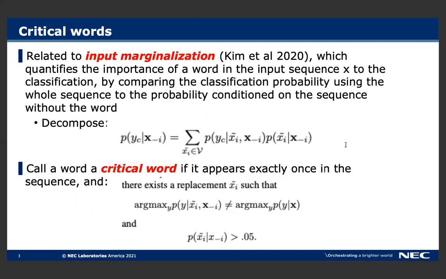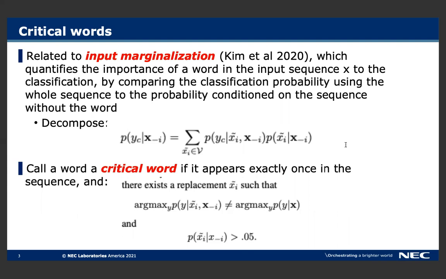words. This idea is related to input marginalization, which quantifies the importance of a word by comparing the classification probability of the whole sequence to the classification probability conditioned on the sequence without the word.